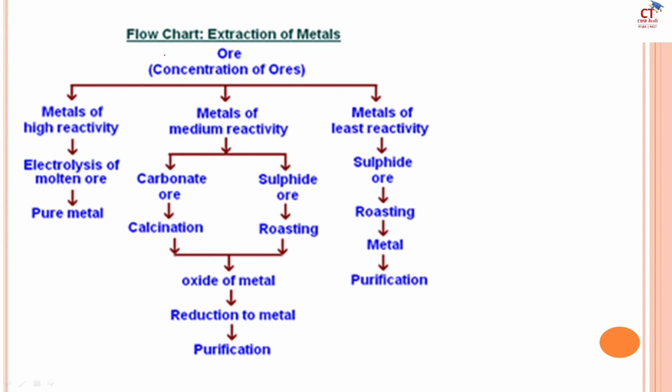Extraction of metals. Now we have learned in the reactivity series that metals have least reactivity, medium reactivity and high reactivity. Now we have to extract metals that are least reactive, mediumly reactive and highly reactive, and all these processes are different from one another.